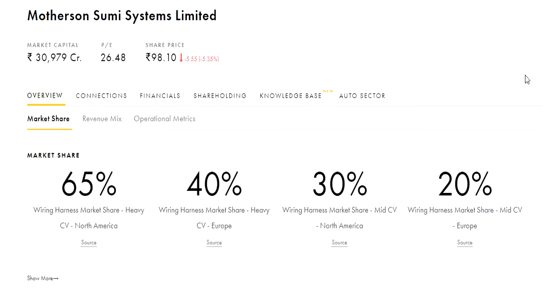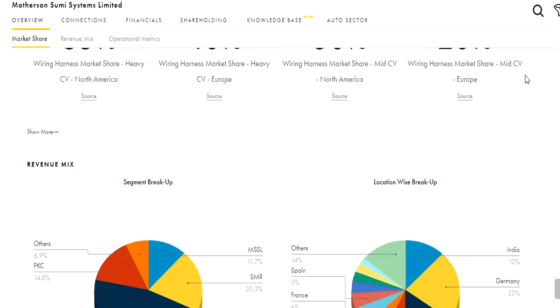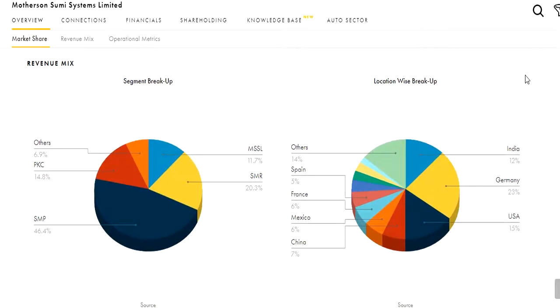I have taken Motherson Sumi here, and you can see the breakup, guys. See the revenue mix, you can see where they are getting the revenue from and the different segments they are working on. And then the location-wise breakup. In India they have 12%, Germany 23%, USA 15%, and these are the exports or their footprint worldwide.